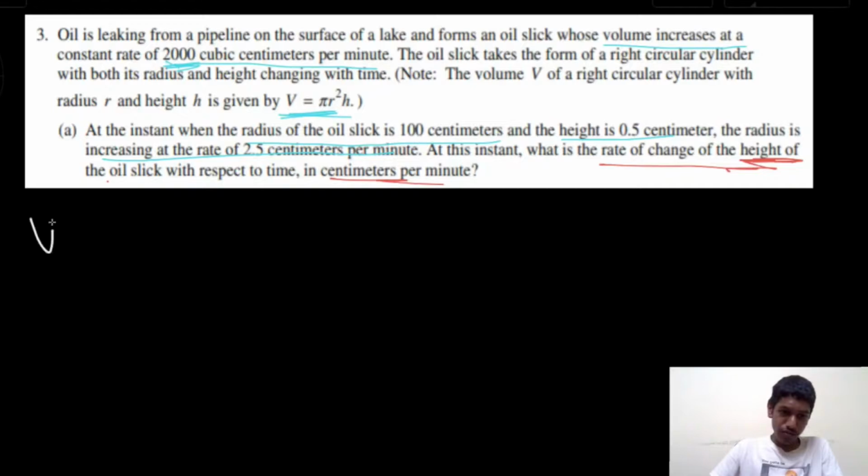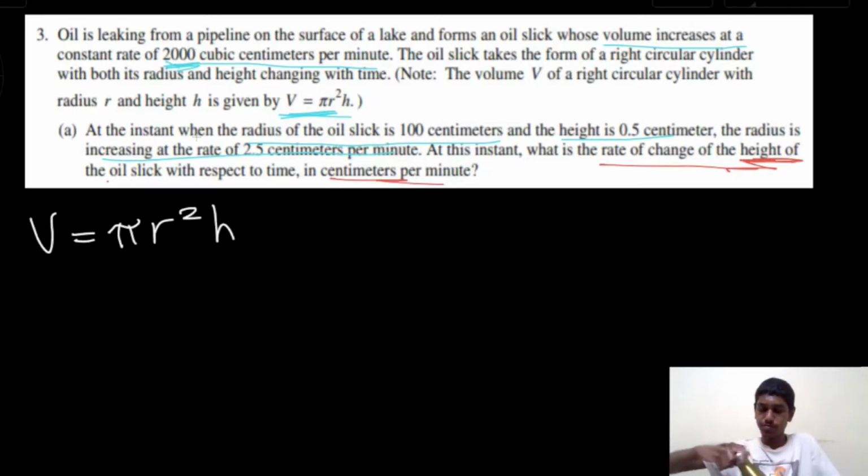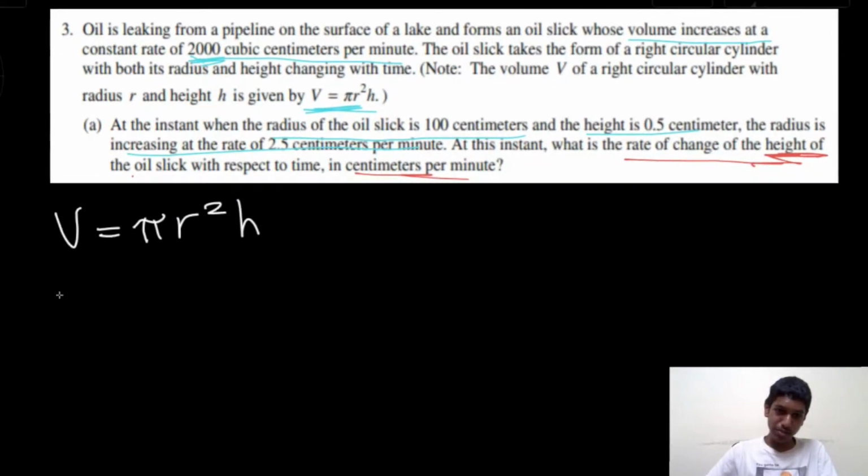So if V equals pi r squared h, where V is the volume, r is the radius, and h is the height, then if they're saying that the volume increases at 2,000 cubic centimeters per minute, that's basically this in math.